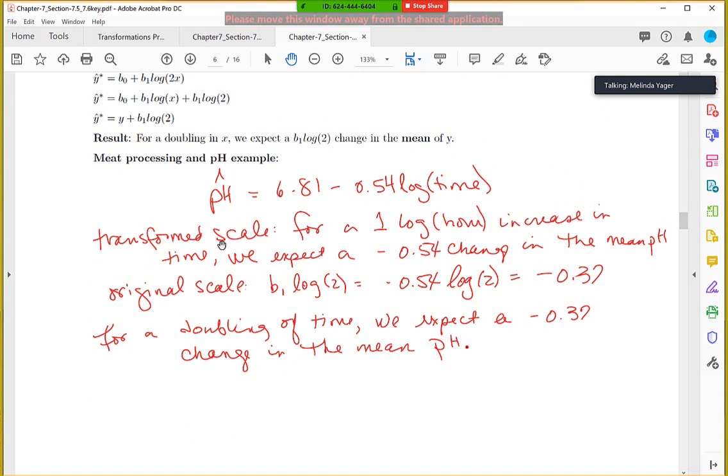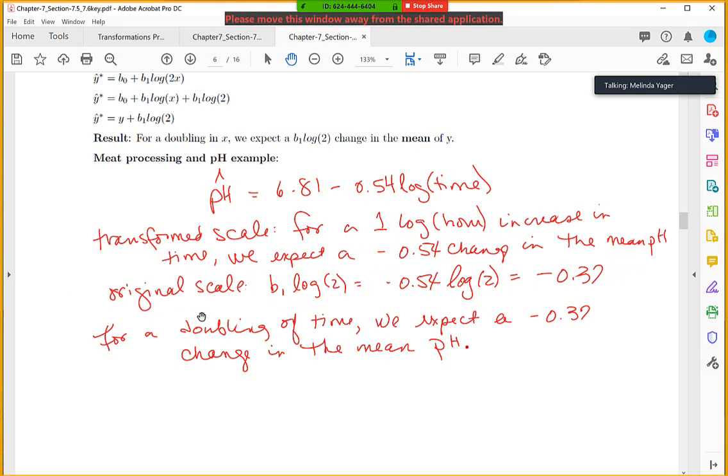So again, on the transform scale, our interpretation just talks about for a 1 unit change in X, what's happening to Y. Since our X variable has been log transformed, we're going to say for a 1 log hour increase in time, because we're not talking about a 1 hour increase, we're talking about a 1 log hour increase, we expect a slope, negative 0.54, change in the mean pH.